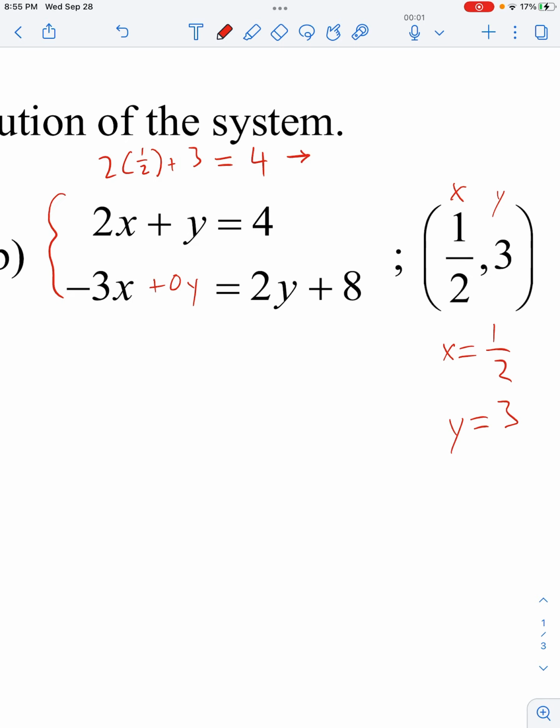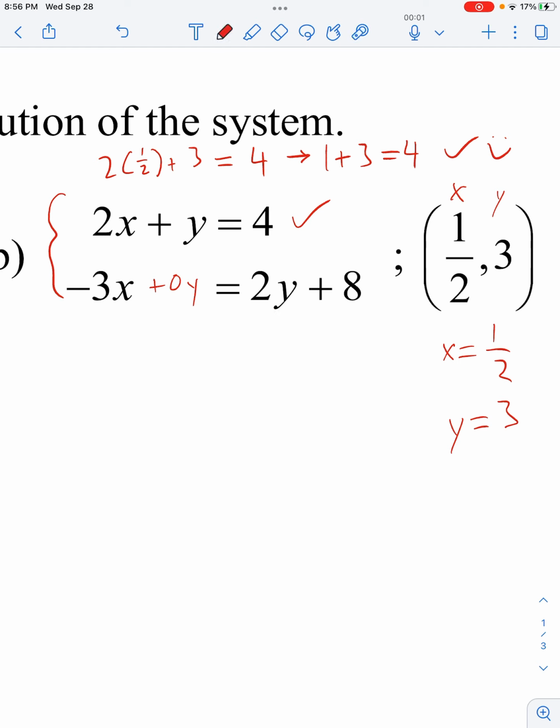So 2 times 1/2 is 1. Then we have plus 3 still, that equals 4. Does 1 plus 3 equal 4? Yes, it does. So my ordered pair solves my first equation. Let's look at the second one. So let's plug in my x here, my y here, and here.